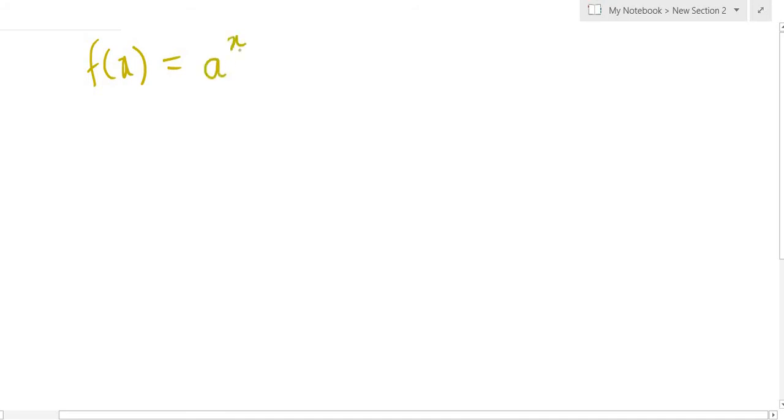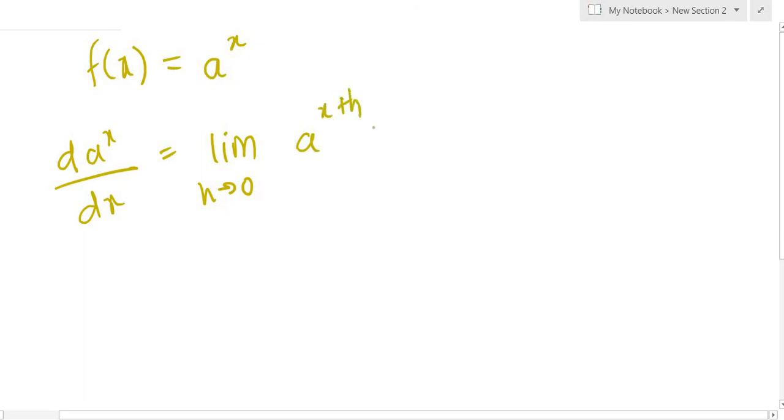Speaking of exponential functions, let's take an arbitrary base and raise it to x. So the derivative of a raised to x with respect to x is going to be the limit as h tends to 0 of a raised to x plus h minus a raised to x all over h.